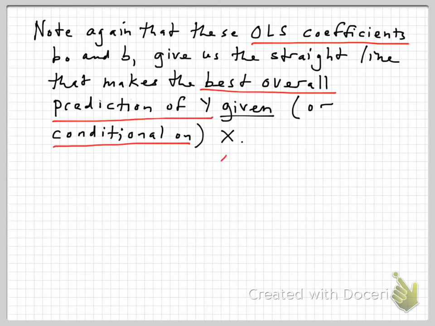So if we know a particular cat's food consumption habits, the OLS line is the best straight line that will give us a prediction of that cat's weight, given what we know. And that's the key to ordinary least squares, and we'll pursue the formulas in another segment.